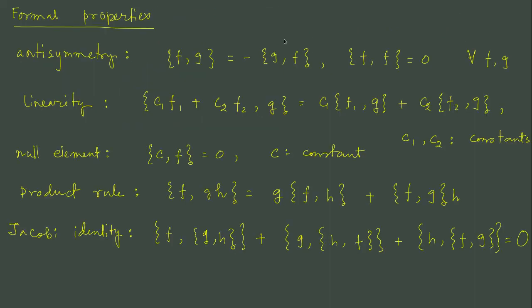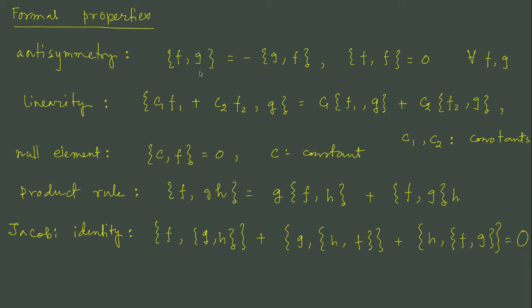Poisson brackets have some formal properties, most of which follow directly from the definition. They are antisymmetric. So the Poisson bracket between f and g is the negative of that between g and f. Of course, that is straightforward.